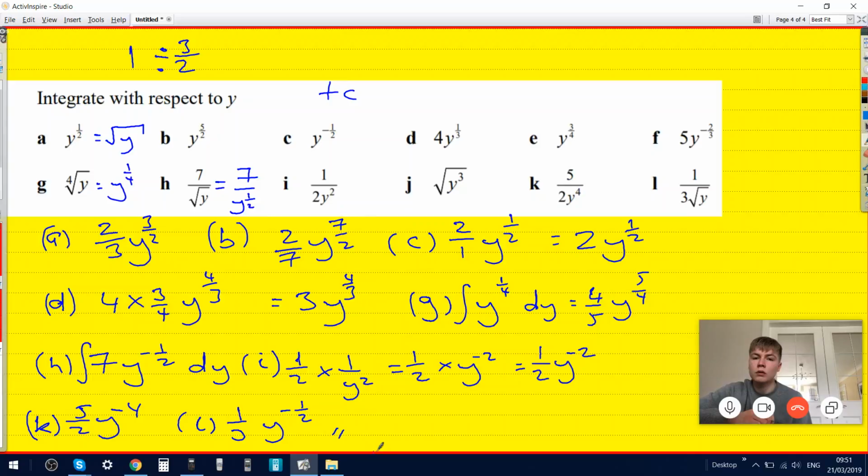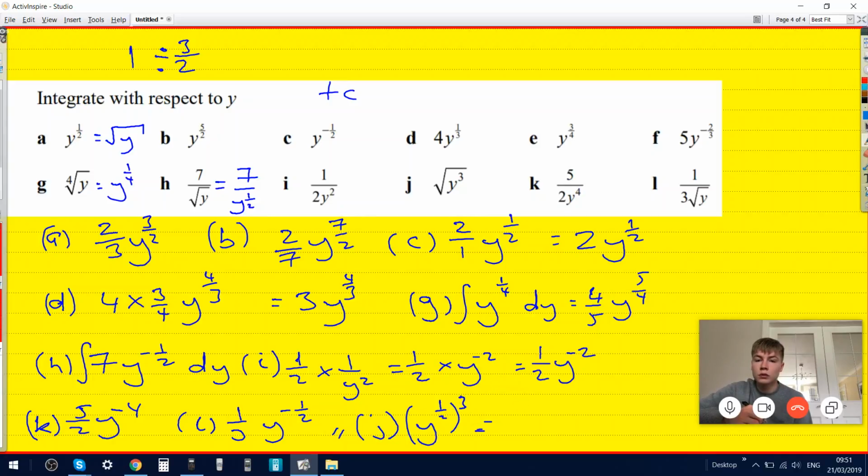And we need to do j as well, but it's kind of a different thing. Is that y to the half bracket cubed? Yeah. So y to the half cubed. And can you simplify that?